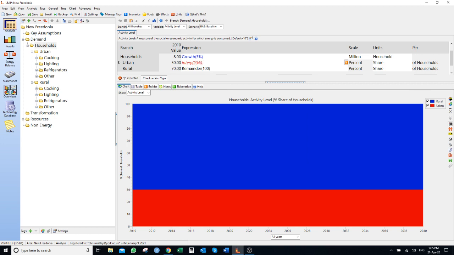So if we use interp and say by 2040 it will be 45%, what LEAP does is draw a straight line between the last value, in this case 30%, and the value in the year that is specified, 45%. So we can see that gradually the number of urban households increases and the number of rural households decreases.